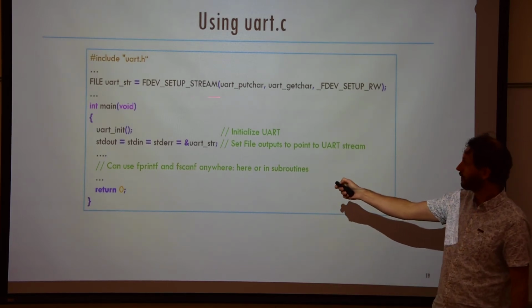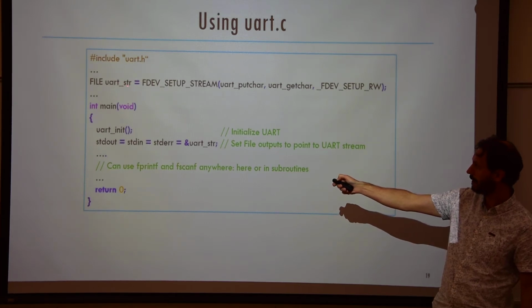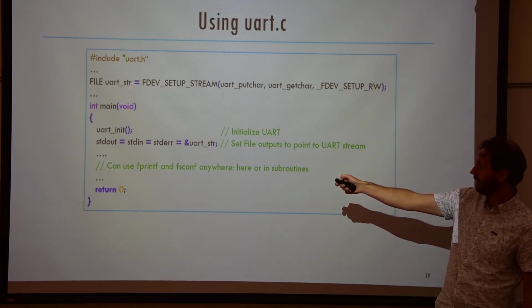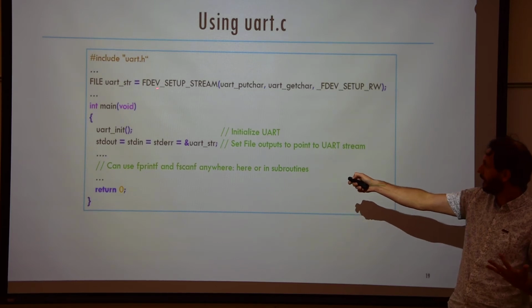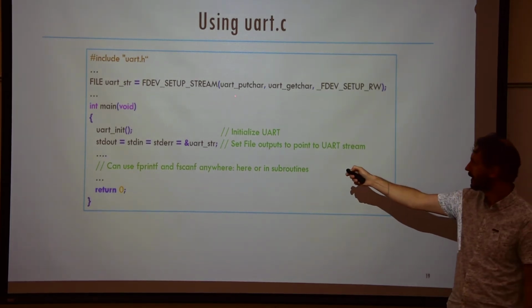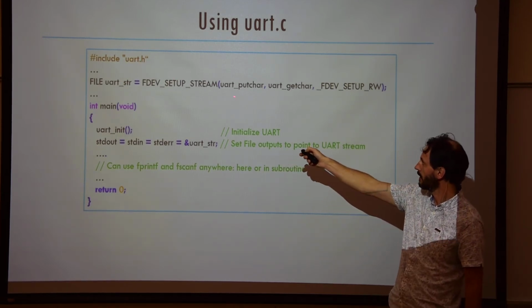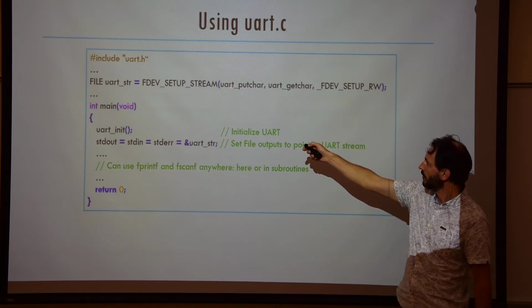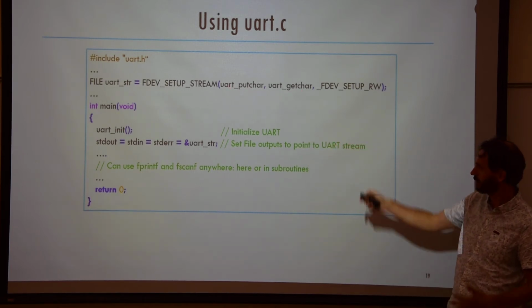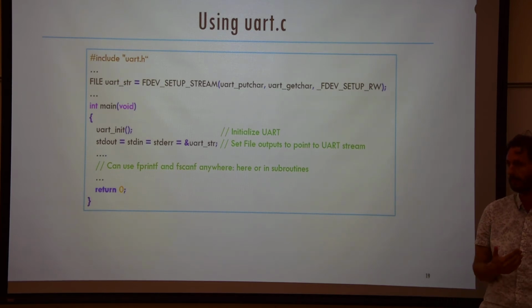Then there's the C construct that creates UART stream as a variable of a type of file, and that means that you need to include a couple of functionalities which you borrow from UART.c, which are the UART put character and UART get character. So for a file, you want to be able to send and receive strings from that, characters from that.